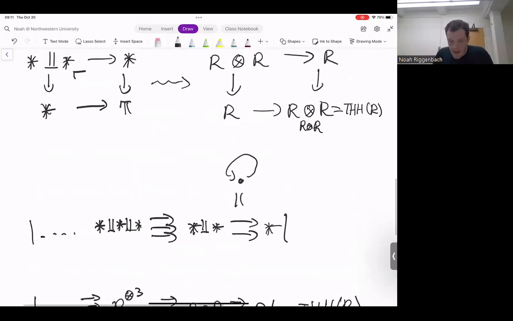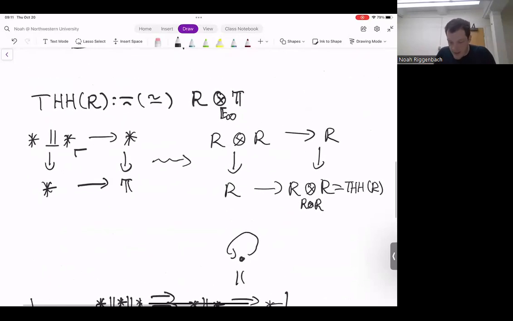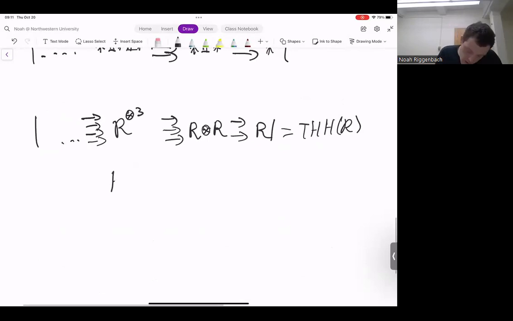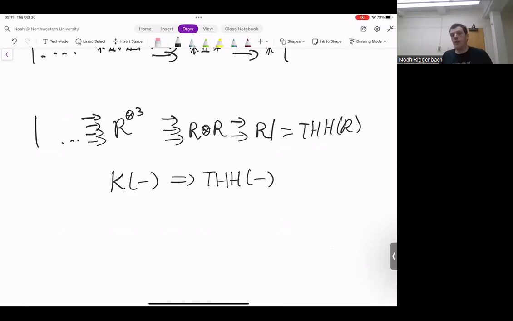And manifestly, if we go back up to the definition, it's going to have an S1 action just by, well, we're tensoring with S1. So just act on that copy of S1, that'll give you an S1 action. And it turns out that this natural transformation, K theory of whatever to THH of whatever, is equivariant, where we consider the trivial S1 action on K theory.